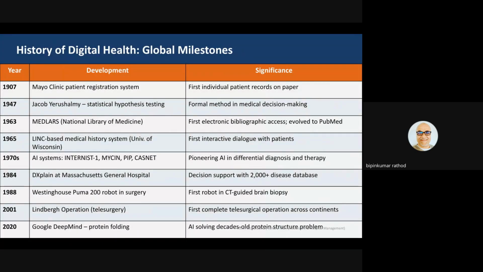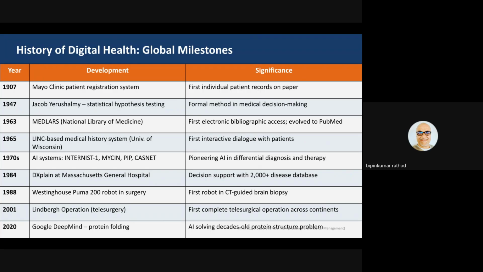So let's see the global milestones in the history of global digital health system evolution. Basically, in the 1970s, MYCIN, PIP, and CASNET were the actual digital health components, when they started using computers and computer technology in the delivery of hospital and healthcare.